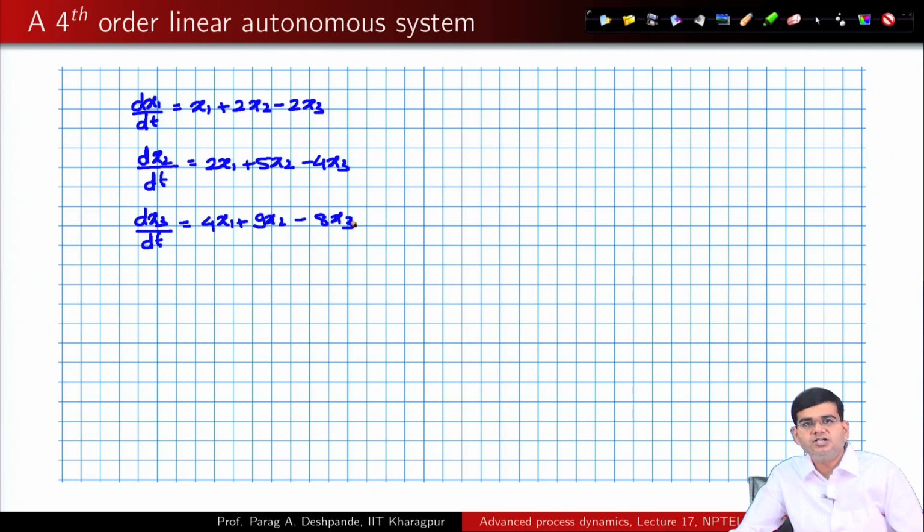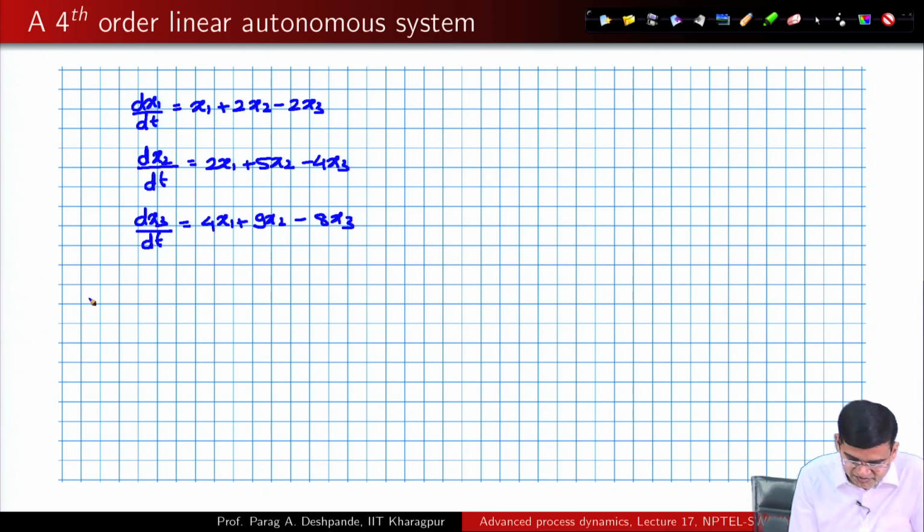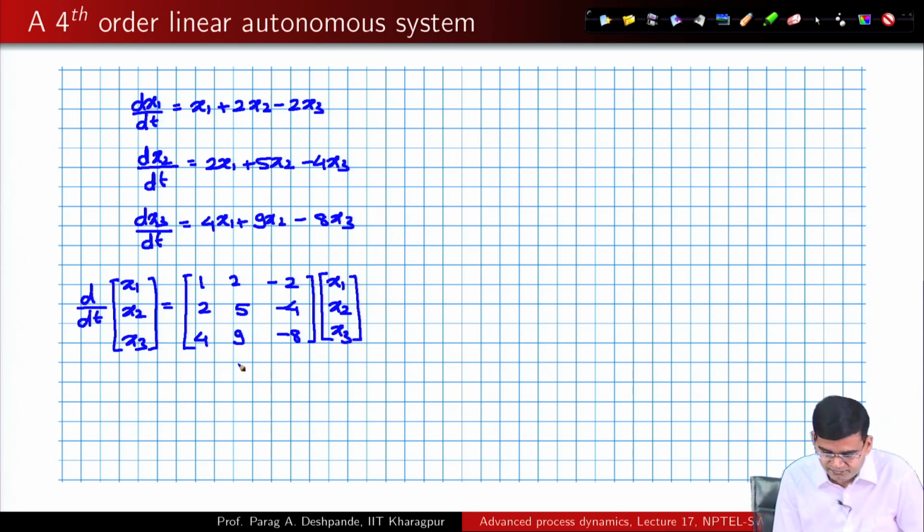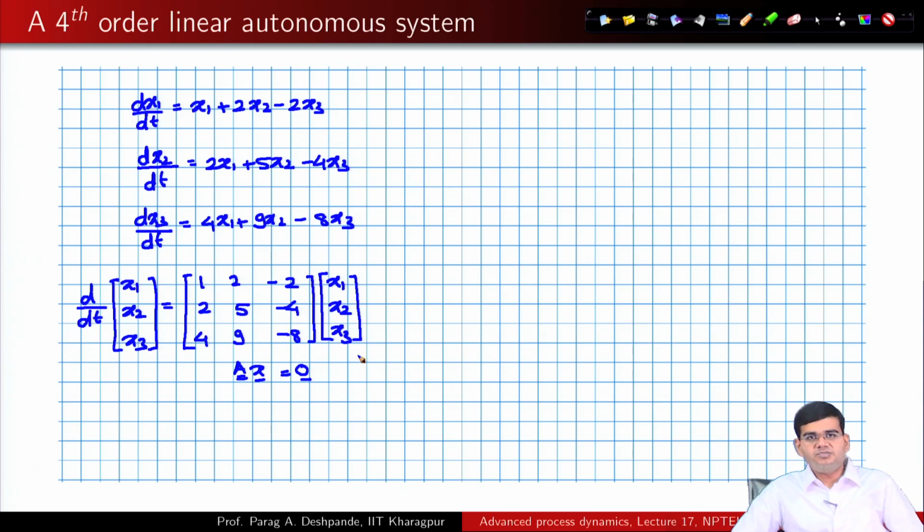Now, to analyze this system, I will convert this to a matrix equation. So, I have d by dt of x1, x2, x3 is equal to the matrix 1, 2, minus 2; 2, 5, minus 4; 4, 9, minus 8, times x1, x2, x3, and I need to solve Ax is equal to 0 to obtain an equilibrium solution.